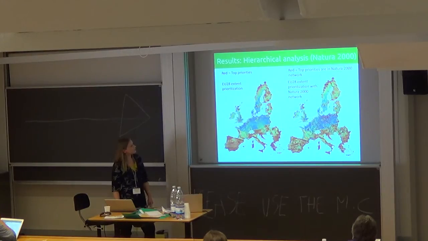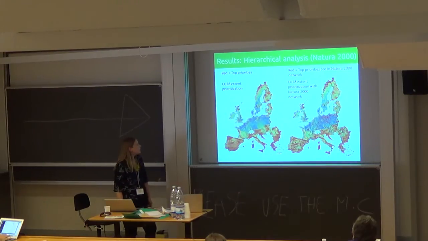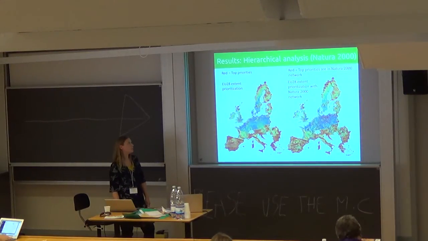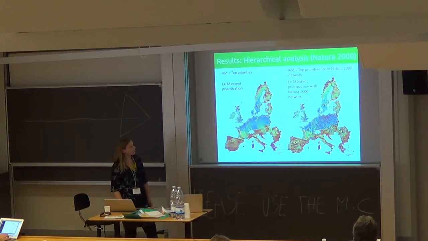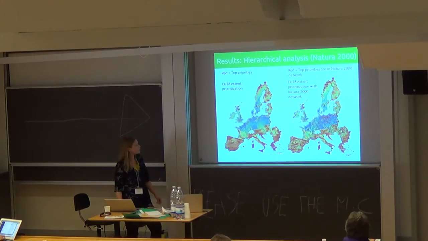And the right solution is prioritization made with the Natura 2000 network as a hierarchical mask. And in here, you can also see how the top priorities shown in red get a bit different locations. So in the right map, the top priorities are in the Natura 2000 network, and here they are done without any hierarchical solution for it.